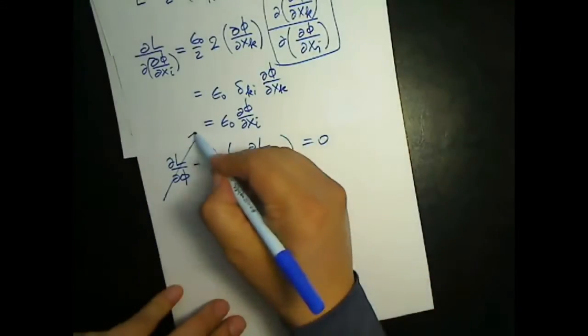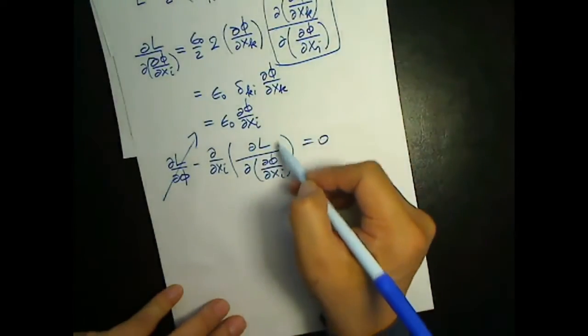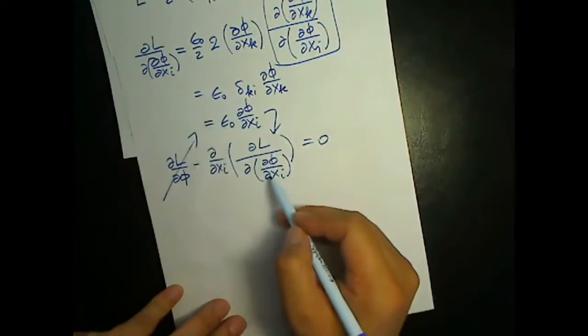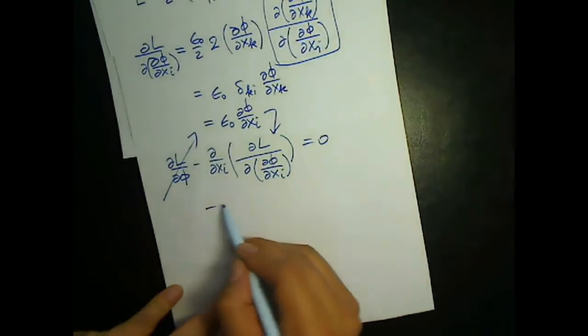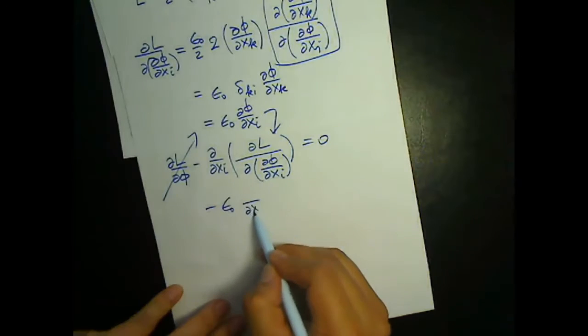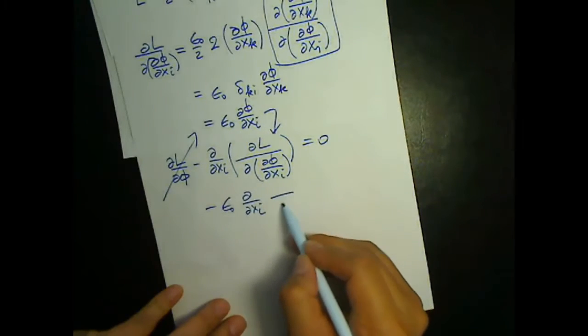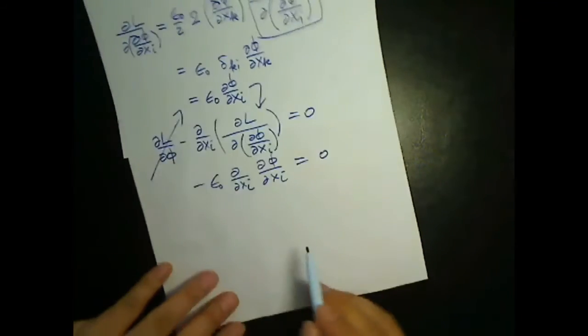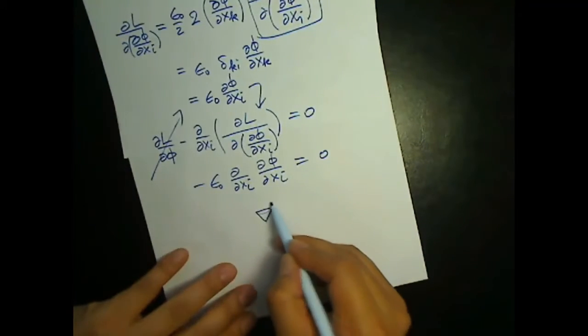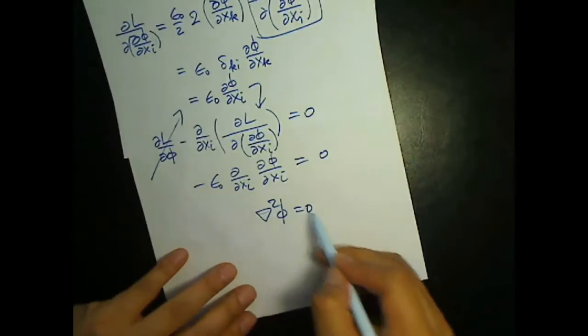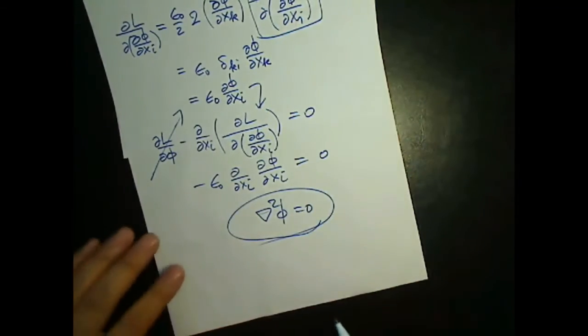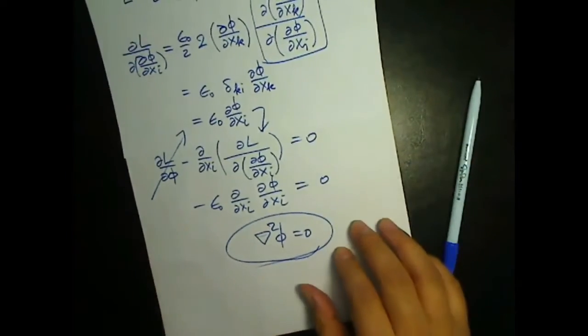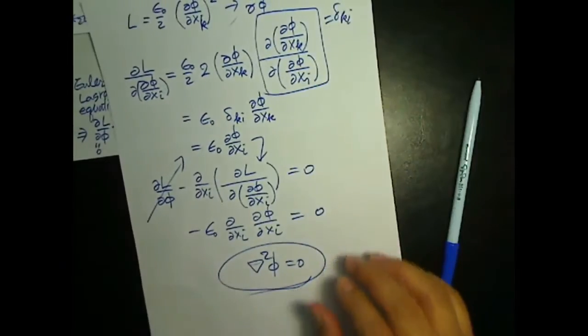So this one is 0, and this one is this. So minus epsilon 0 times the Laplacian of phi equals 0. This is the solution for the minimal value of the electrostatic energy.